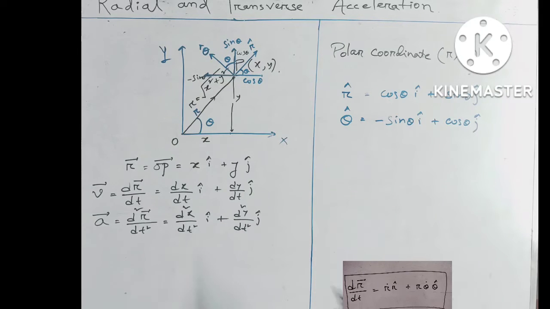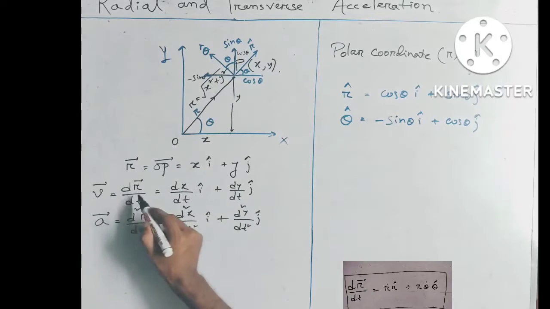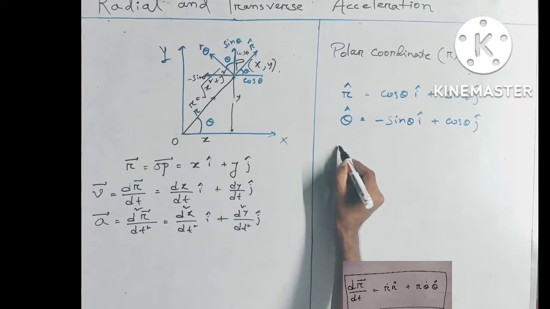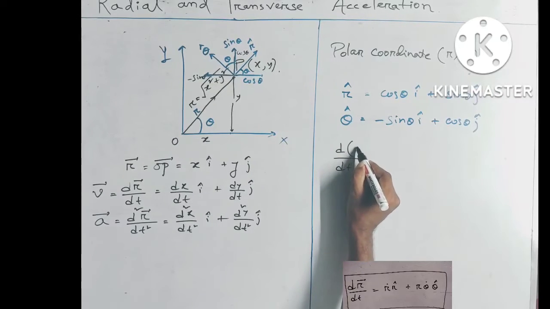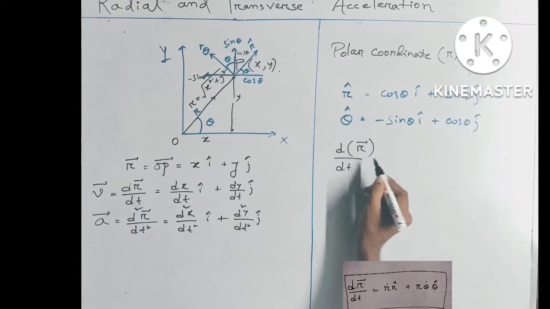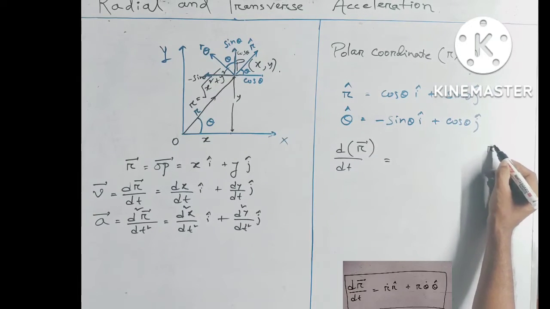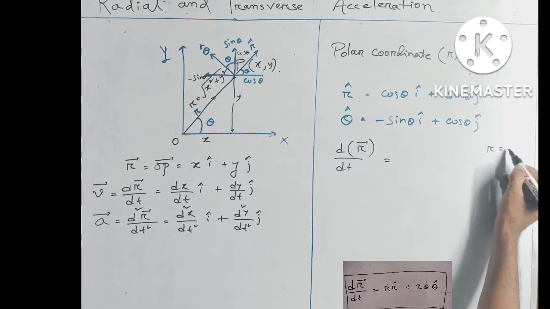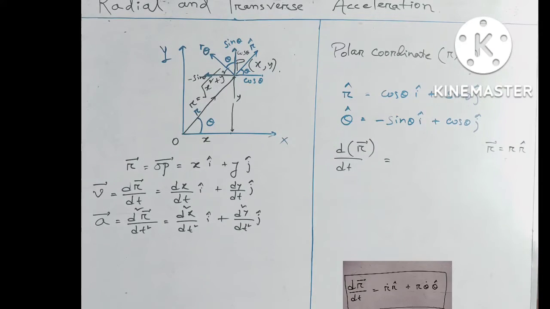Now if we take the derivative of this term, we can write d/dt of r vector. Now what is r vector? r vector is equal to r into r cap.